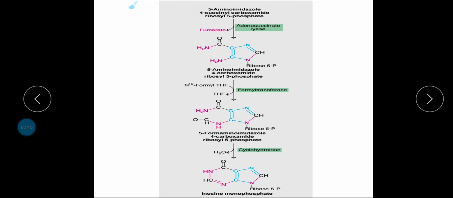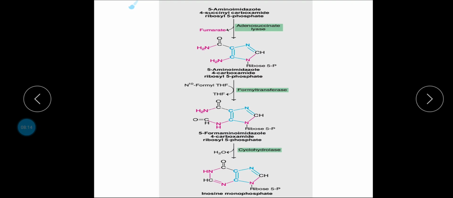Now this is ready for cyclization. So with the help of enzyme cyclohydrolase and dehydration, means H2O is removed, to produce here inosine monophosphate and this is our basic purine nucleotide. This is the basic structure for nucleotide.